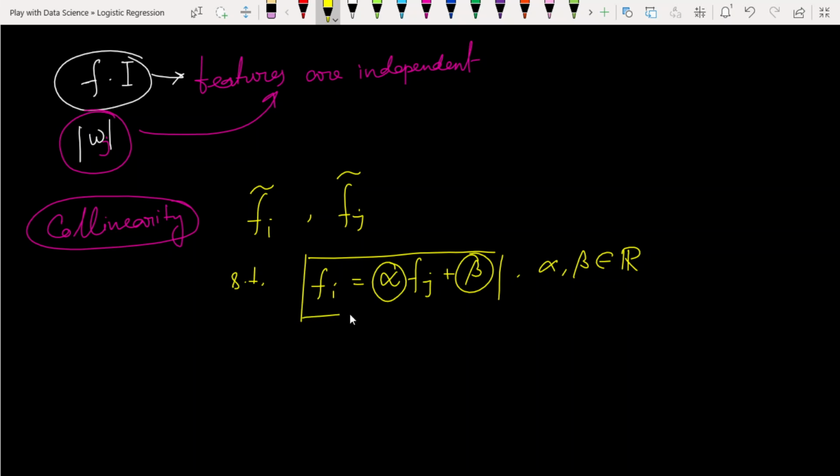Using this linear equation, we can predict one feature from the other. This concept is called collinearity. Then we can say that fi and fj are collinear.